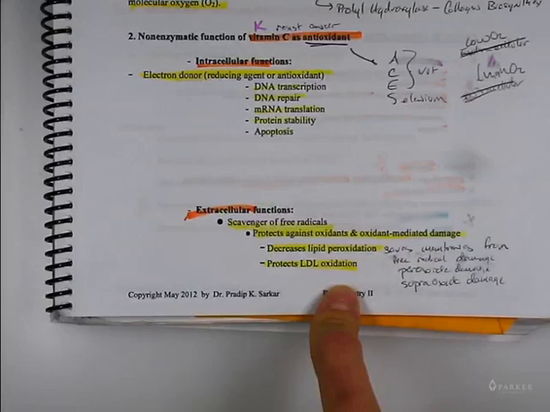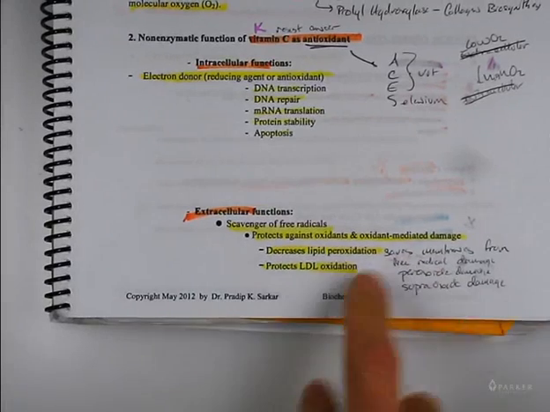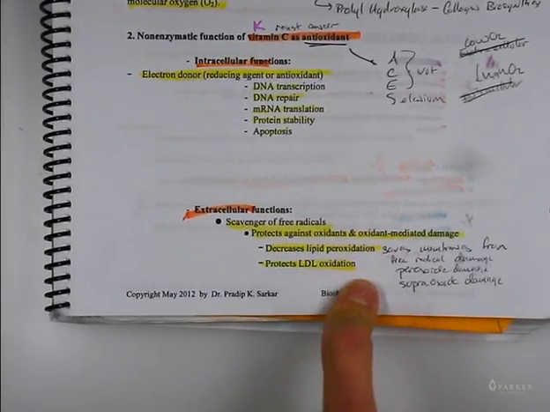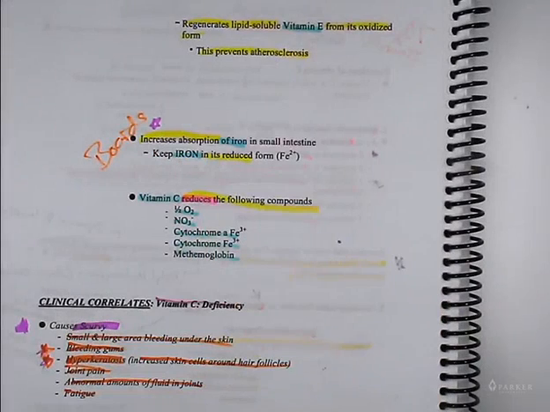Lipid peroxidation, LDL oxidation, those are antioxidant capabilities. But extracellular. It also regenerates the lipid-soluble vitamin E from its oxidized form, which means that one of the primary purposes of vitamin C as an antioxidant is to keep vitamin E, which is an antioxidant, unoxidized.